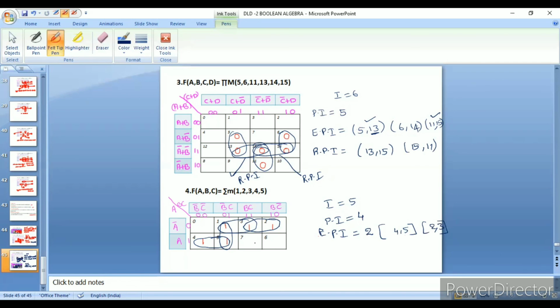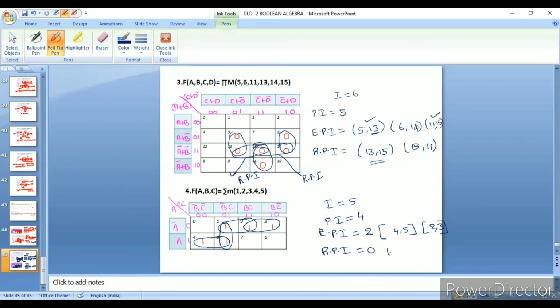Now if you observe here, there are no redundant prime implicants, because the above discussion is not valid here. With the help of 13 it is covered here, and 15 is also covered here, so we can say that the redundant prime implicant is here itself. But we cannot say that 1 and 3 is a redundant prime implicant.